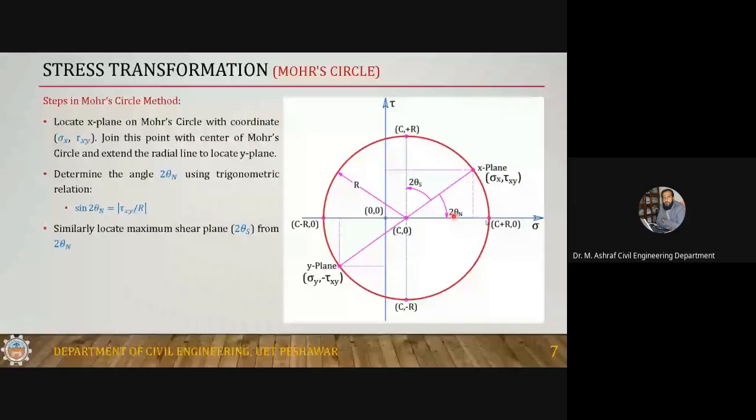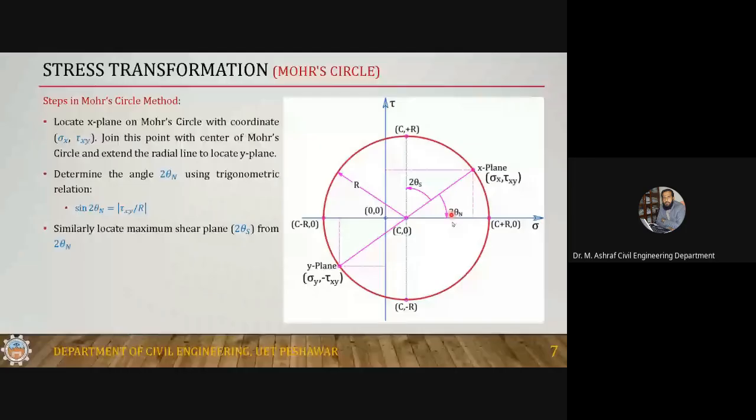From a very simple trigonometric relation, sine of 2 theta will be equal to tau xy divided by R, which is the radius of this circle. You will have the sign, because this automatically gives you the sign that the principal plane is lying at a clockwise angle.